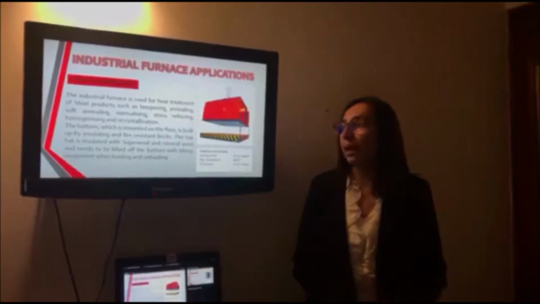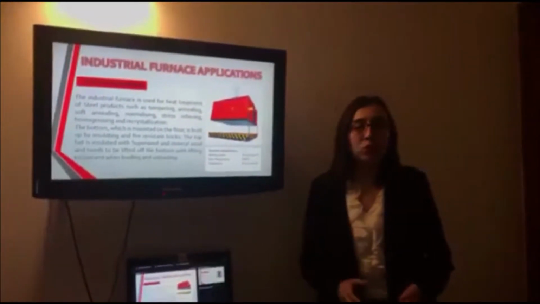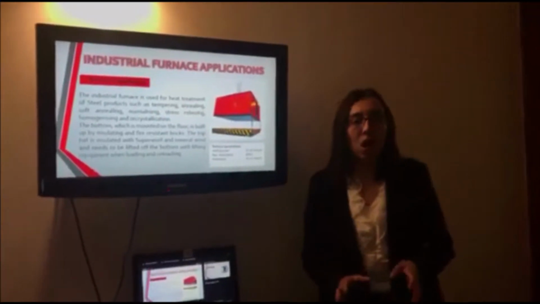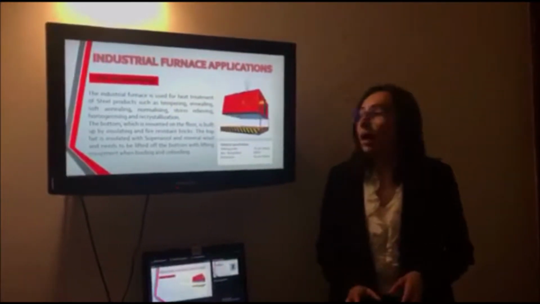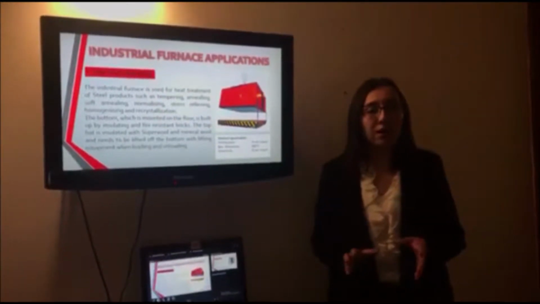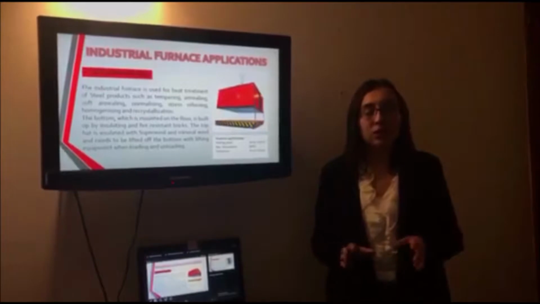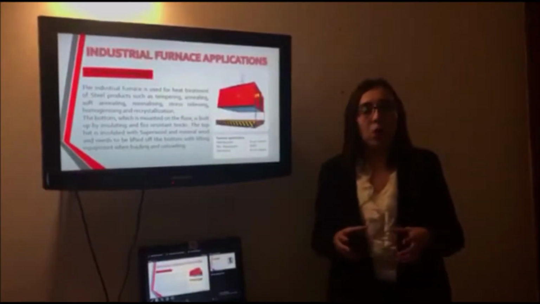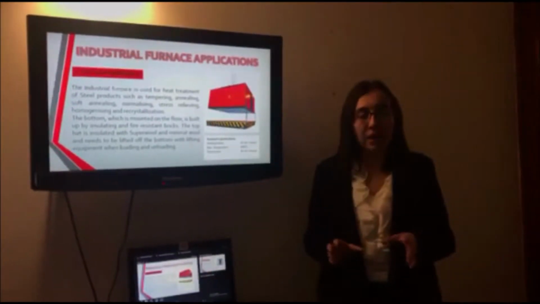Top hat furnaces are used for heat treatment of steel products, such as tempering, annealing, soft annealing, normalizing, stress relieving, homogenizing, and recrystallization.